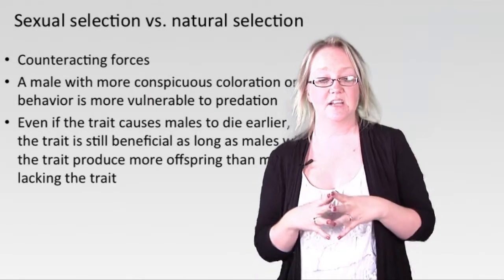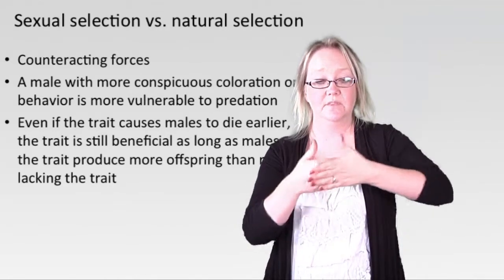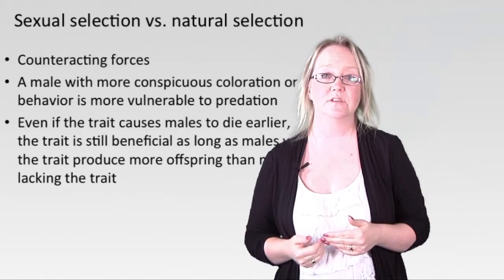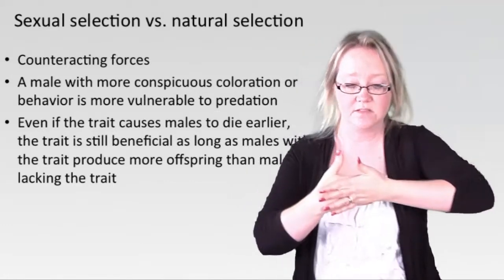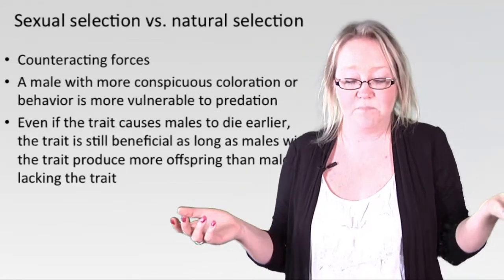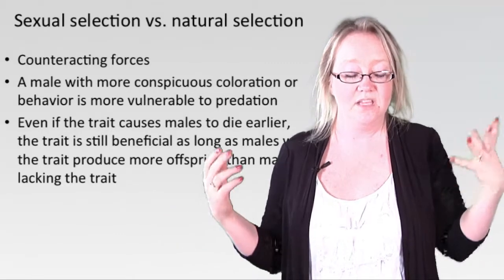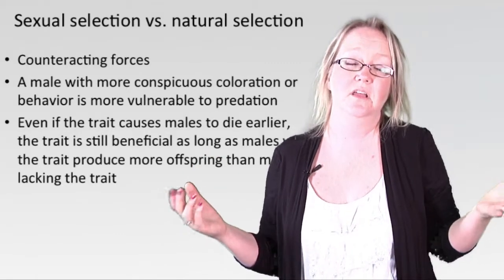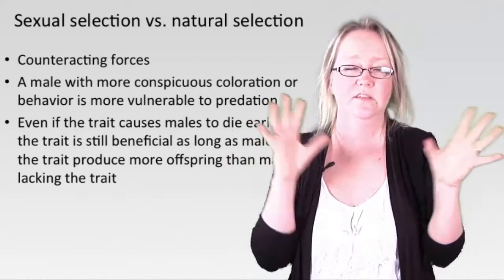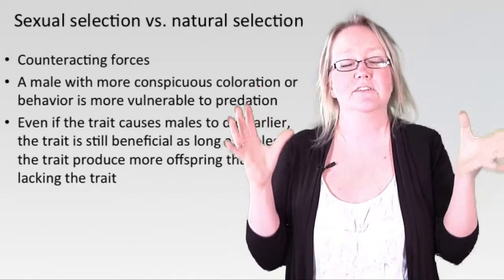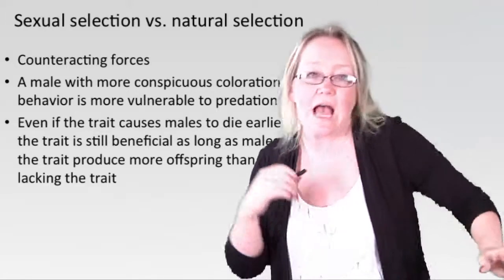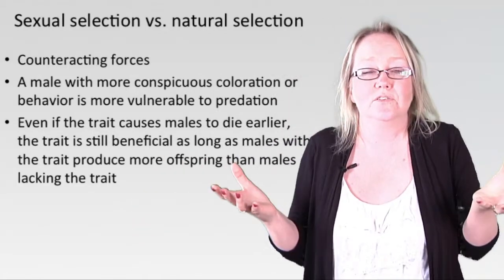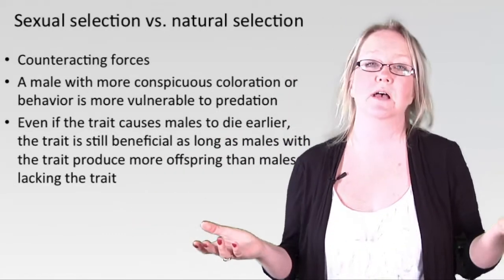So, as I said, sexual selection and natural selection can often be counteracting forces. One can be selected for, which then inhibits something else. So a male with more conspicuous coloration or behavior is more vulnerable to predation. So these males, you'll see when we get to the videos, seriously hilarious how much these dancing birds do out in the environment in order to attract a female.